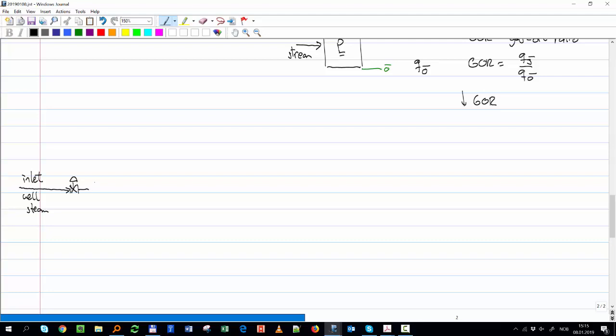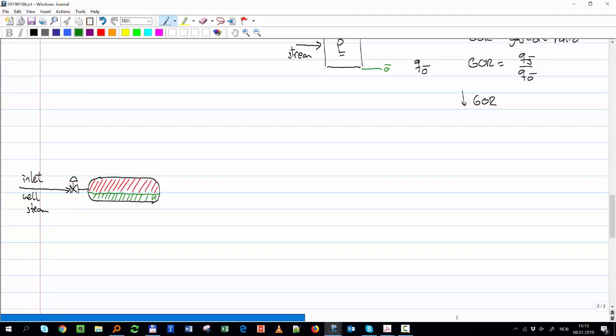And then I have a vessel, typically a cylindrical vessel, where I separate the mixture. You will see a picture that is simply a cylinder where I have a level, where I have the liquid and I have the gas on top.